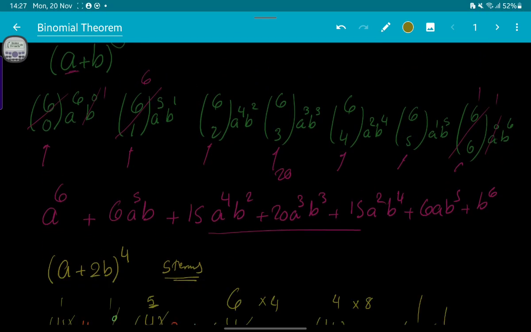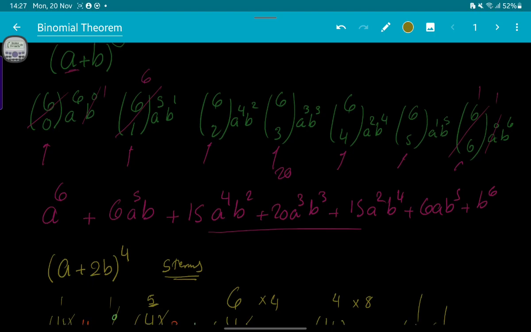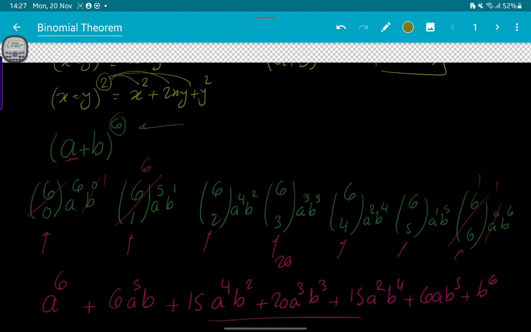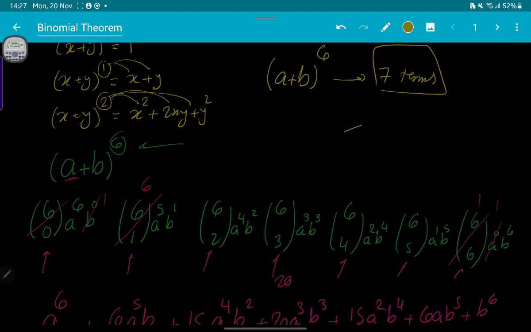Actually, we use this form to find each term and we are adding them, so this will give us the summation from k equal to 0 to n, which is 6: 0, 1, 2, 3, 4, 5, 6, nCk, n and k. K will be changed for each term, but n is constant. A power n minus k, b power k.